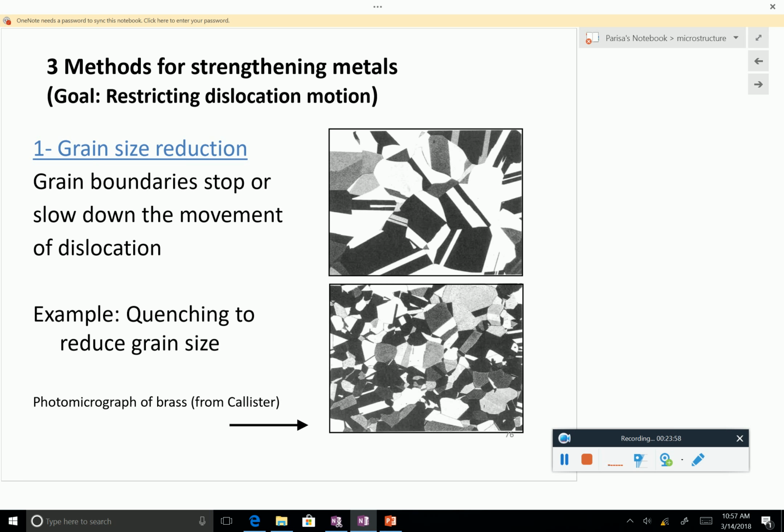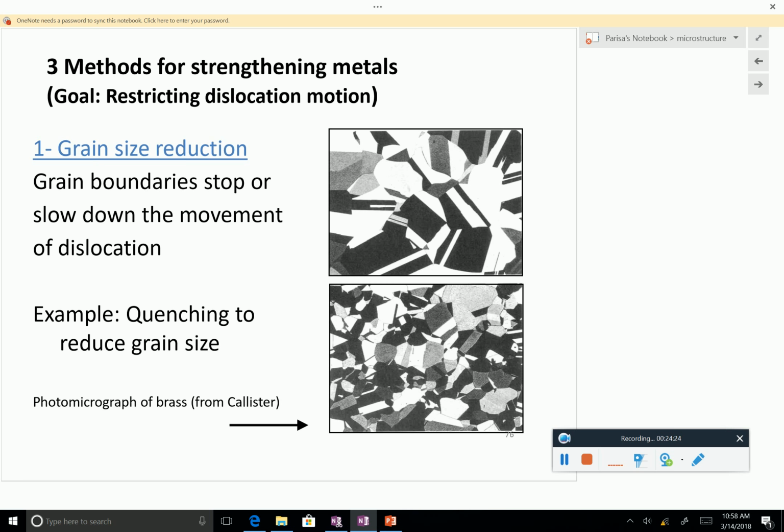So if you manage to have a material with a smaller grain, then you increase the strength. Remember, rupture has something to do with the slipping. So grain boundaries prevent the slipping. So if you have many of them, you can increase the strength, but you lose ductility always.